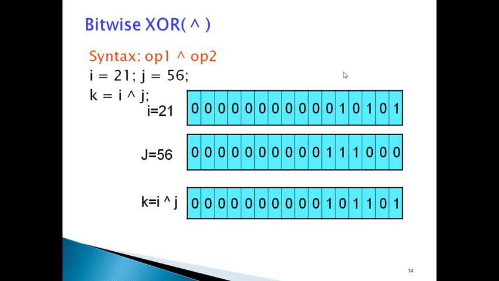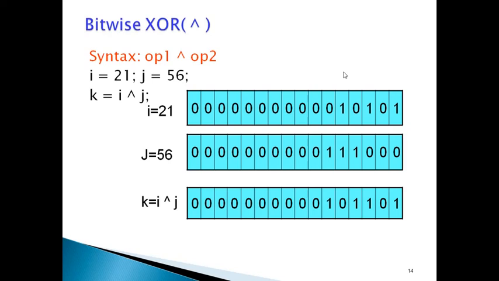The XOR operation returns 1 when any one of the inputs is 1, and if both inputs are the same, either both 1 or both 0, it returns 0 only.